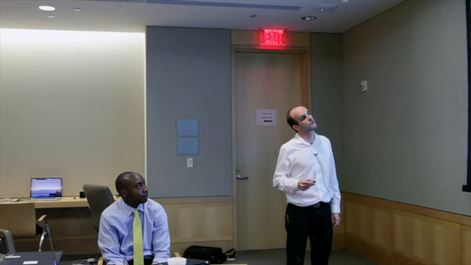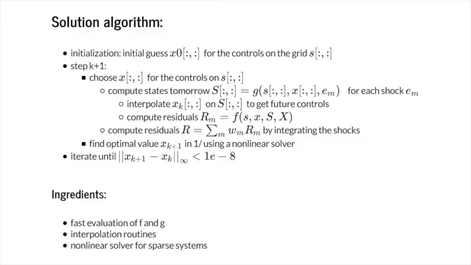It's a two-dimensional object, and we are looking for the controls on this grid. When we know the controls on this discrete set of points, we can interpolate and construct a smooth function. So given a guess for the controls, we can compute the transitions tomorrow. There we have the states tomorrow, and then we want the controls tomorrow, so we have to interpolate.